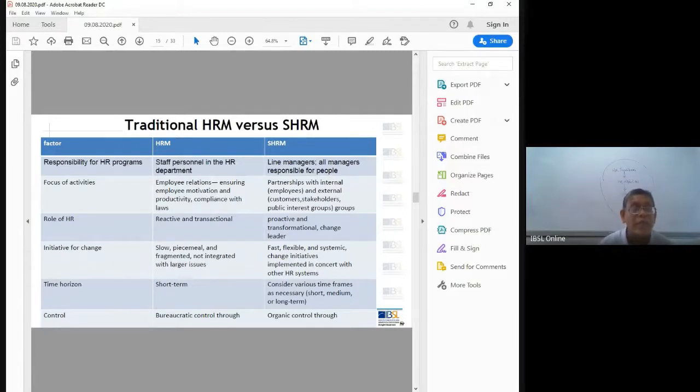So, focus of activities: you look at employee relations and all the functions, but in strategic human resource management, what we look at is partnerships. And also remember the role of HR: reactive and transactional. Reactive means something happened, so you need to act upon it.